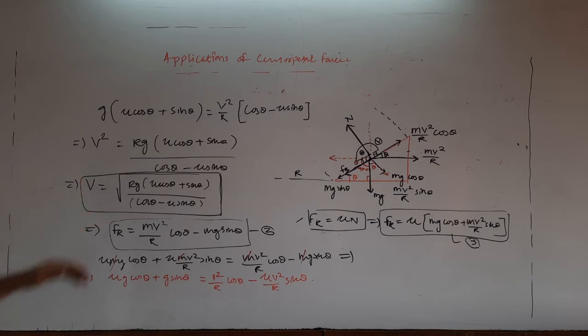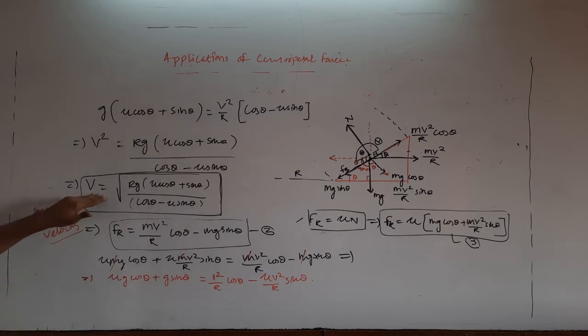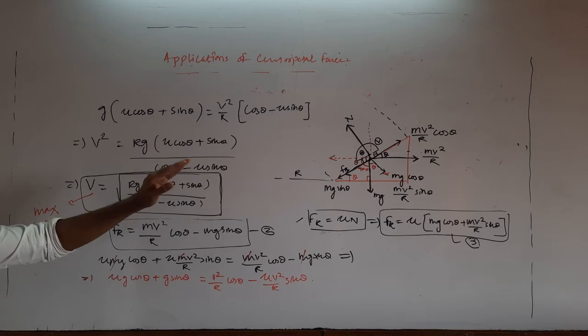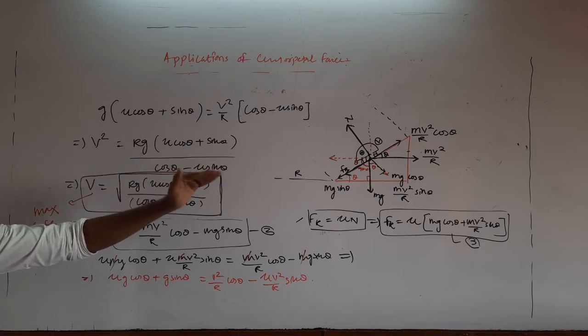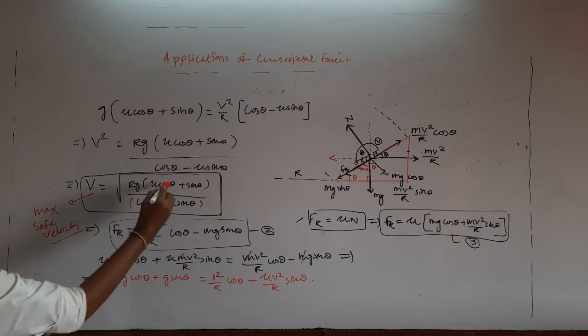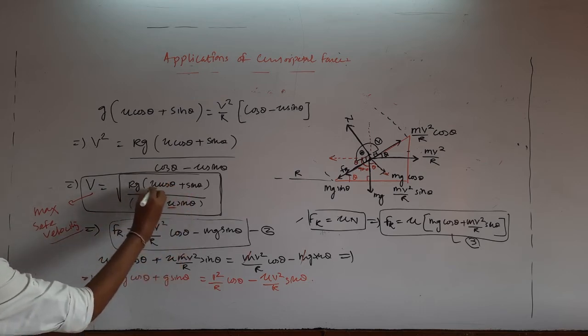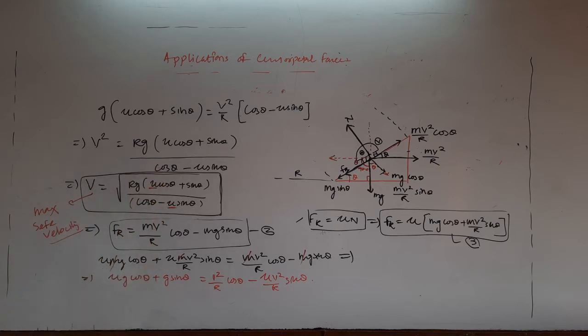So v is the maximum safe velocity. Clear? So this is the maximum safe velocity when the vehicle will take a turn on a banked circular track with radius r and inclination theta, where mu is the coefficient of friction for the surface of the road.